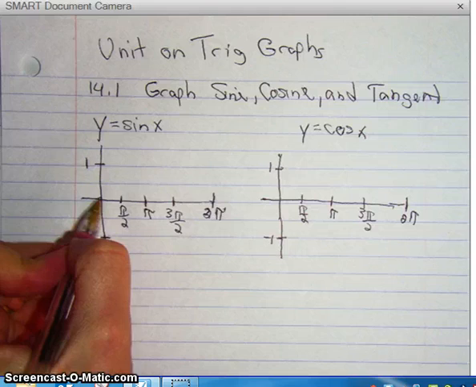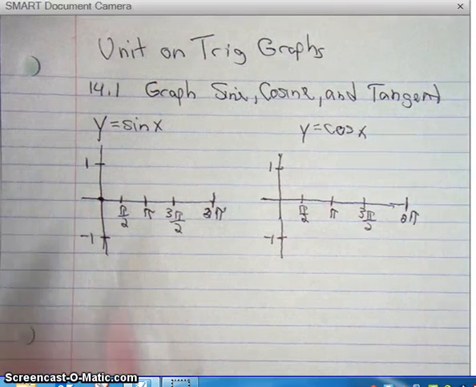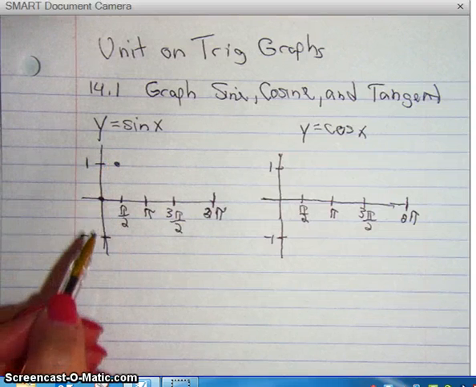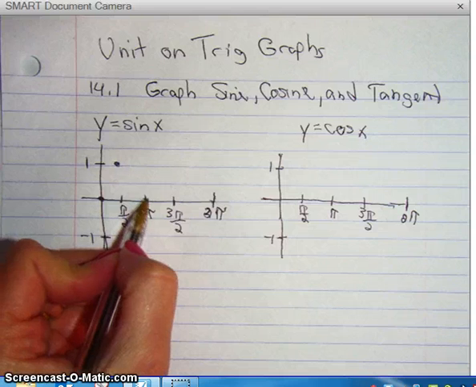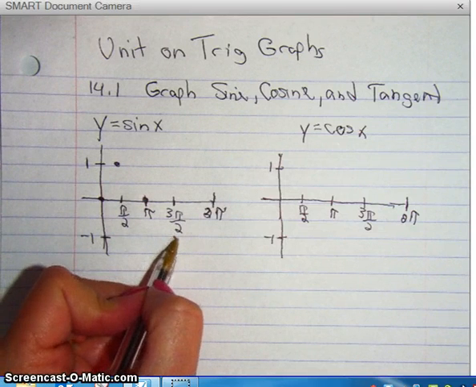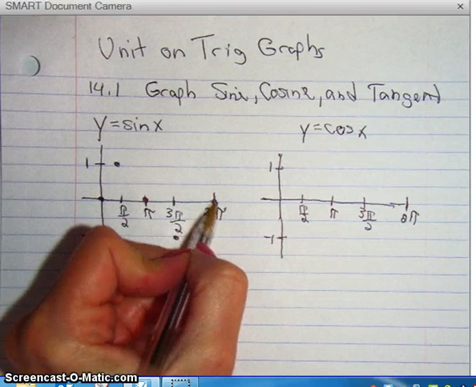Okay? Sine starts down. At the first tick mark, we're up at 1. At the next tick mark, we have an x-intercept. Next tick mark, down at -1. Last tick mark, x-intercept.